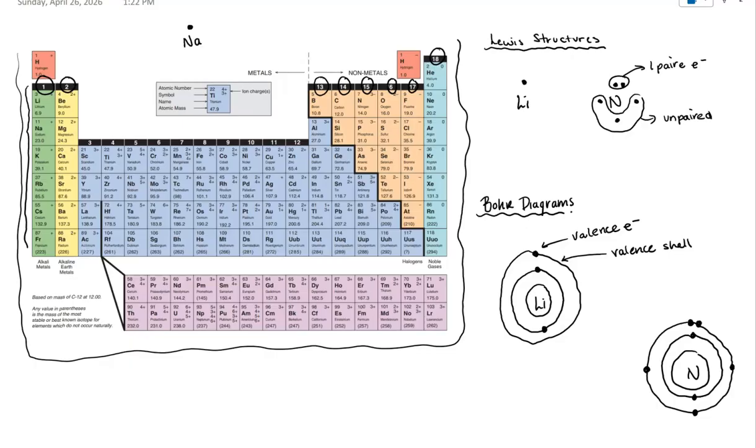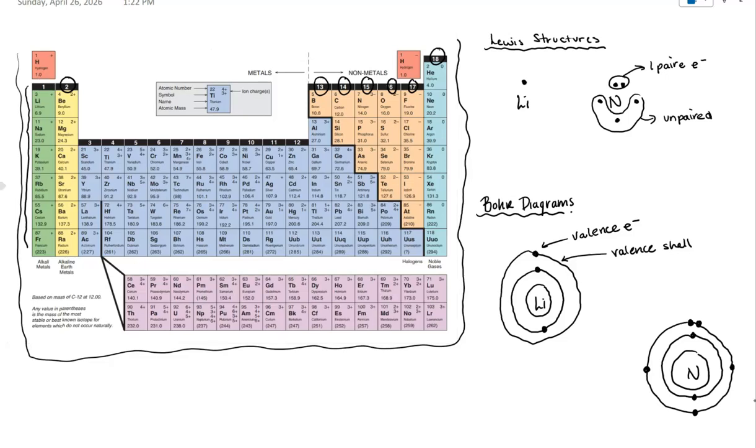So there you go, Lewis structure of sodium done. Same with cesium. Even though it has 55 electrons, it will only have 1 valence electron. So that's what its Lewis structure will look like.